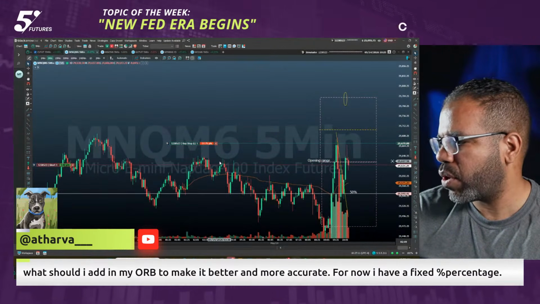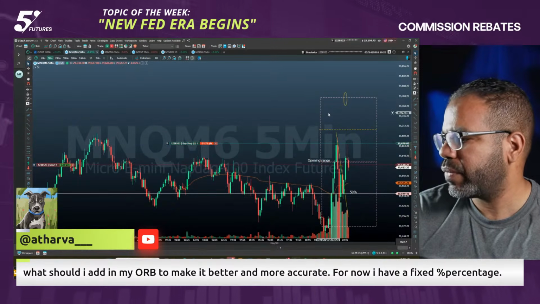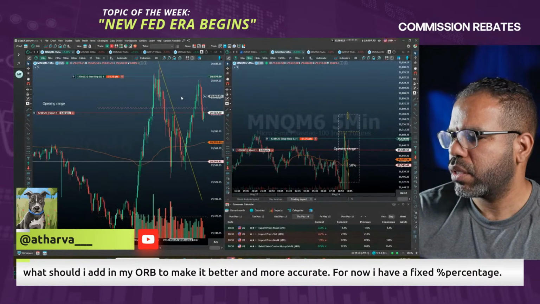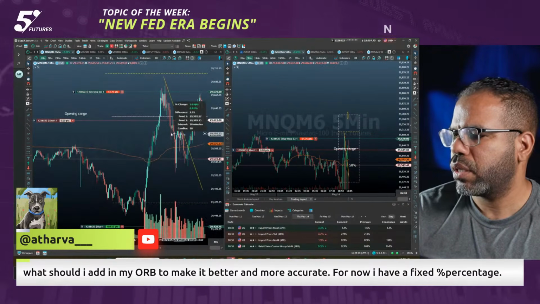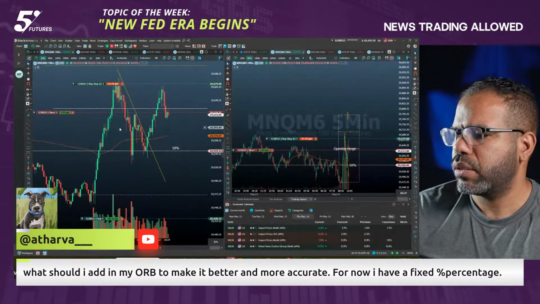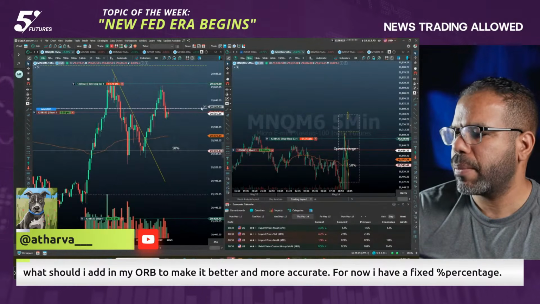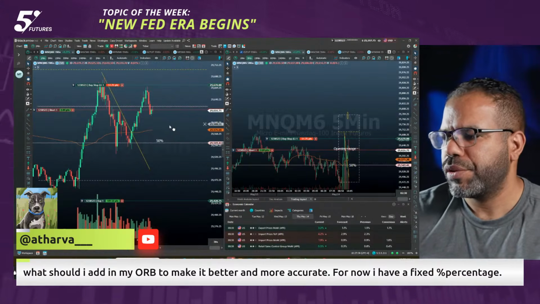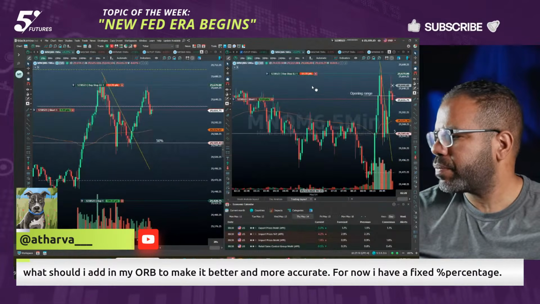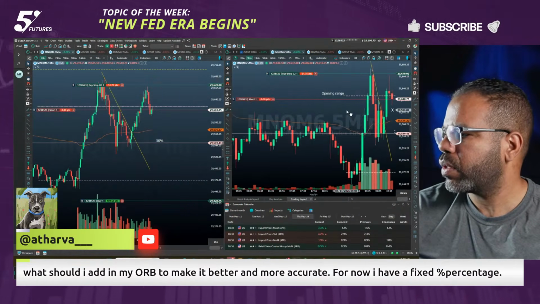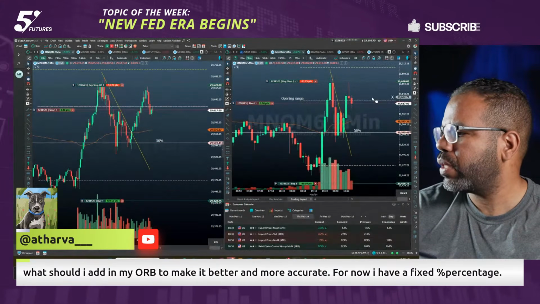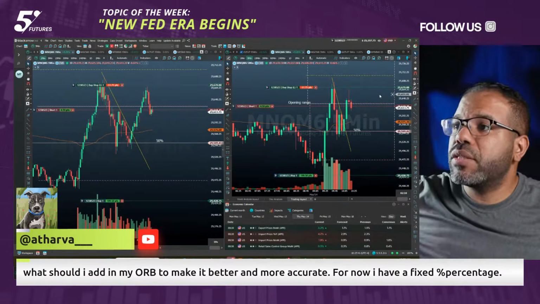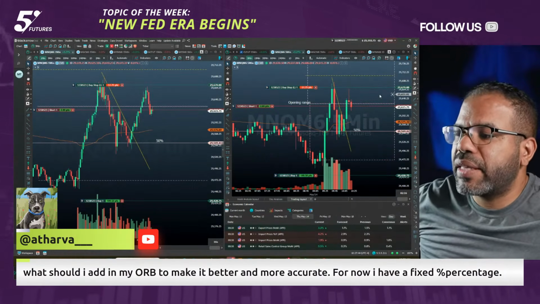Resistance turns into support, so hopefully we could lose that and continue to push lower. We'll see. Let's just keep this open for you guys right here. A little bit challenging on the NQ today, just because oil is affecting our bias.